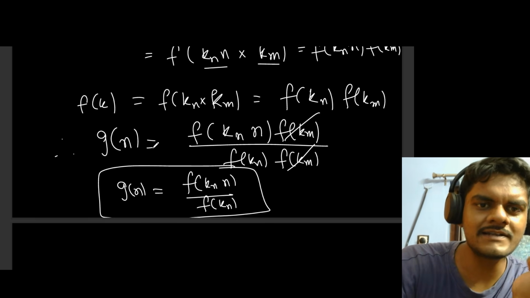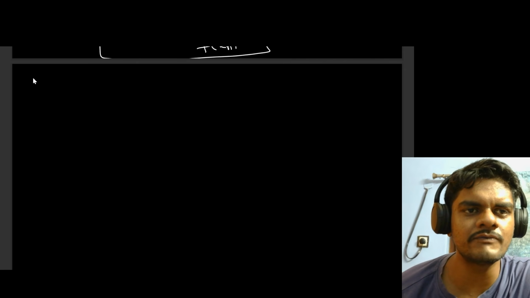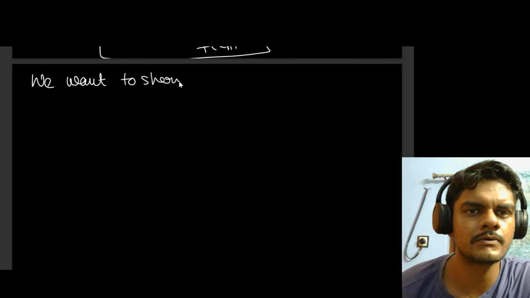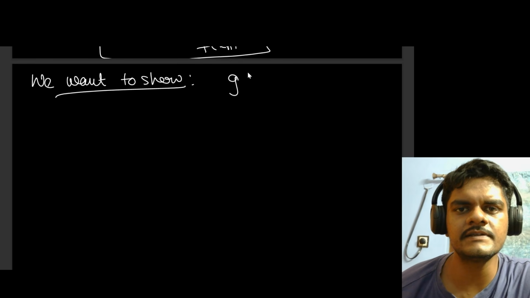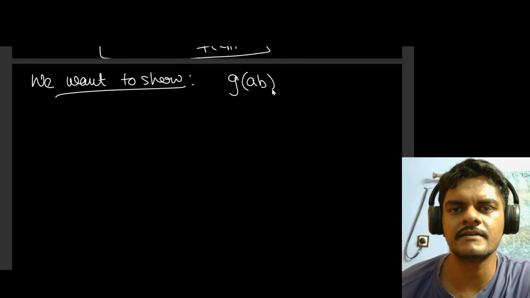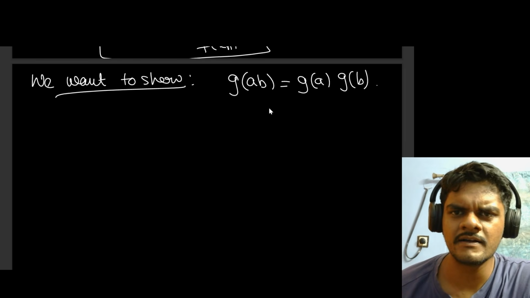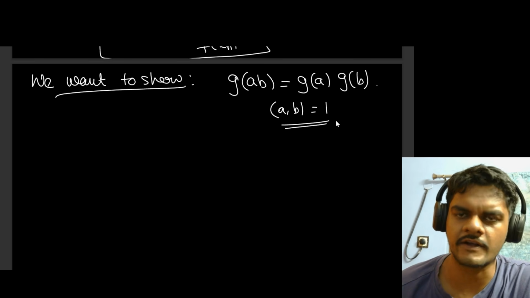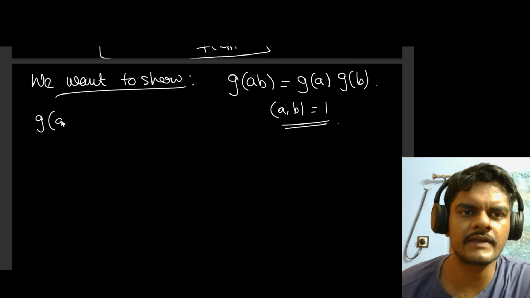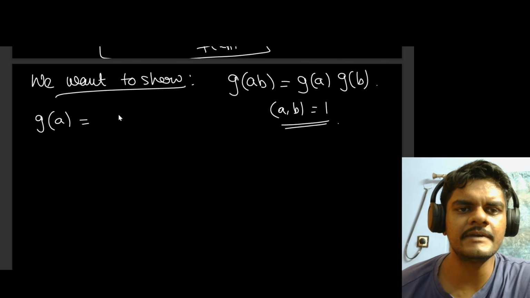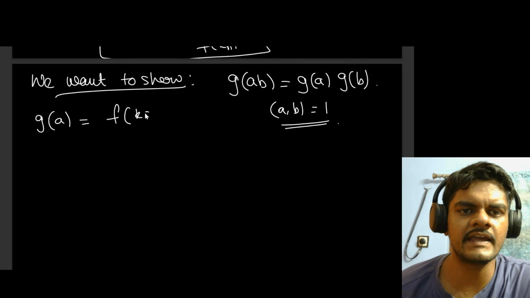Now what do we need to show? We want to show g of AB is equal to g of A into g of B, where the GCD of A comma B is given to be 1. Now what is g of A? It will be f of KA by f of k.